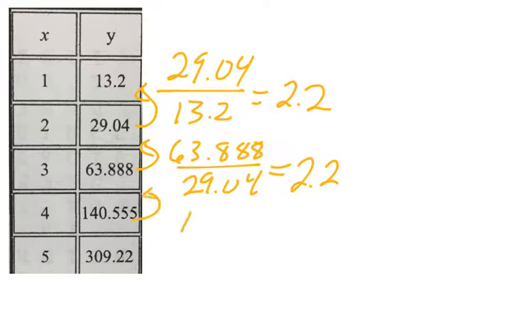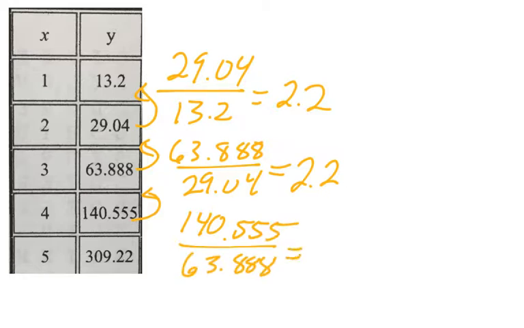If we do 140.555 divided by 63.888, we get 2.2, and then we get 0.00219. Now, since we're working with tables, these values are usually rounded because we can't have the whole value.